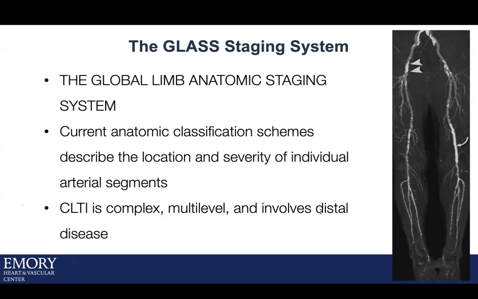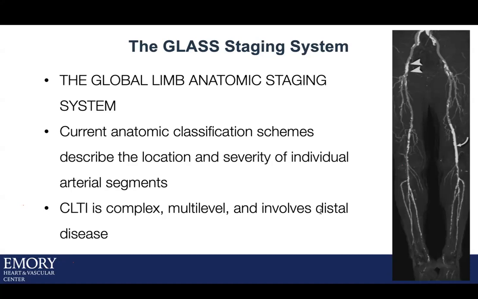And the factors that determine a successful anatomic outcome are different for bypass than endovascular. Bypass requires good inflow and good outflow, and most importantly, you have to have a suitable graft. You have to have a venous graft, and we'll talk about that.